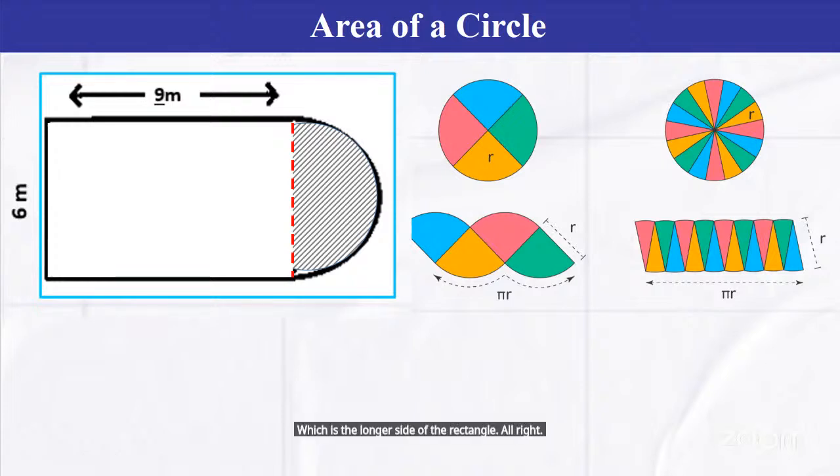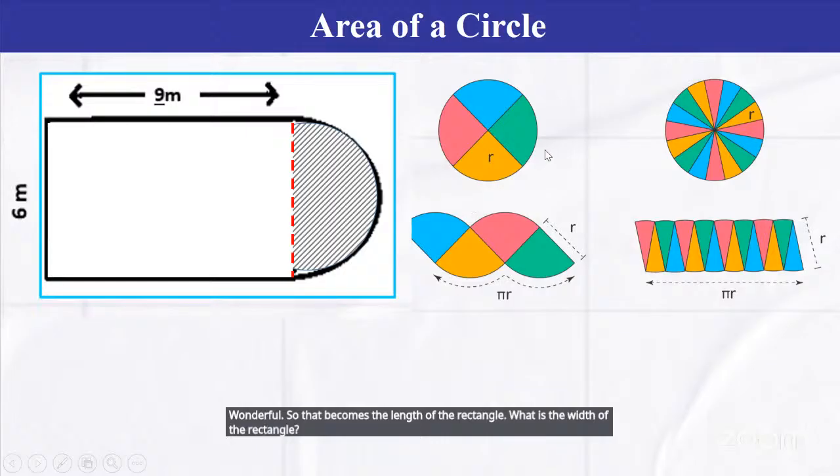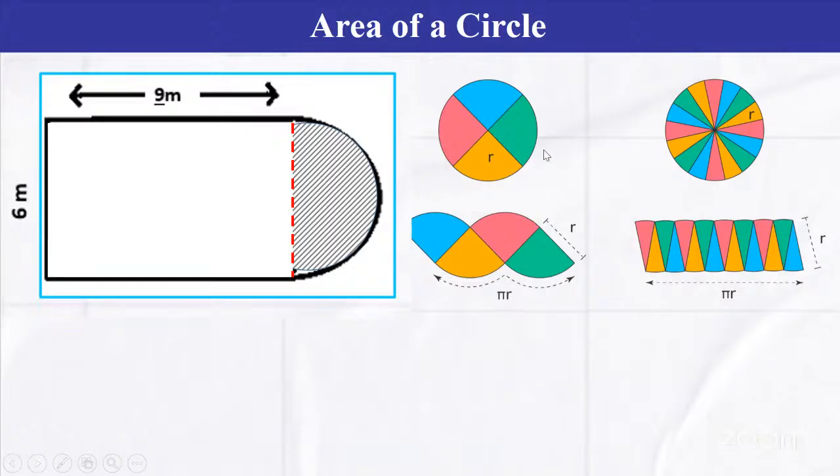All right, so Diana says pi R. Wonderful. So that becomes the length of the rectangle. And what is the width of the rectangle? Janelle Ray Richards says R. Wonderful.